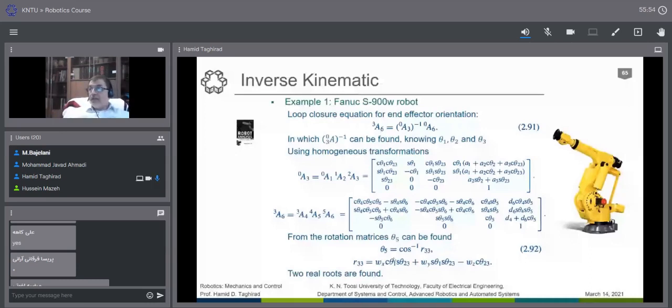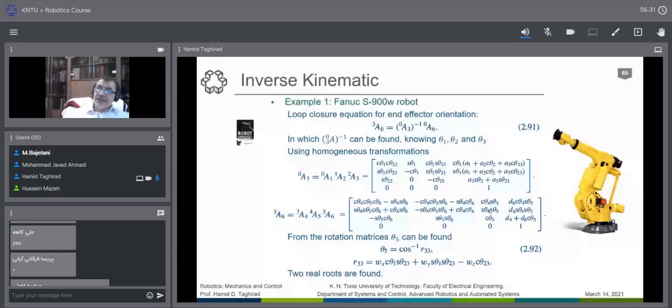And given theta 5, we can go for theta 4, from these 2 equations, and theta 6 from these 2 equations. We can find these quite easily in the next session. So using the 1,3 and 2,3 components, we have sine of theta 4 and cosine of theta 4 multiplied by sine of theta 5.